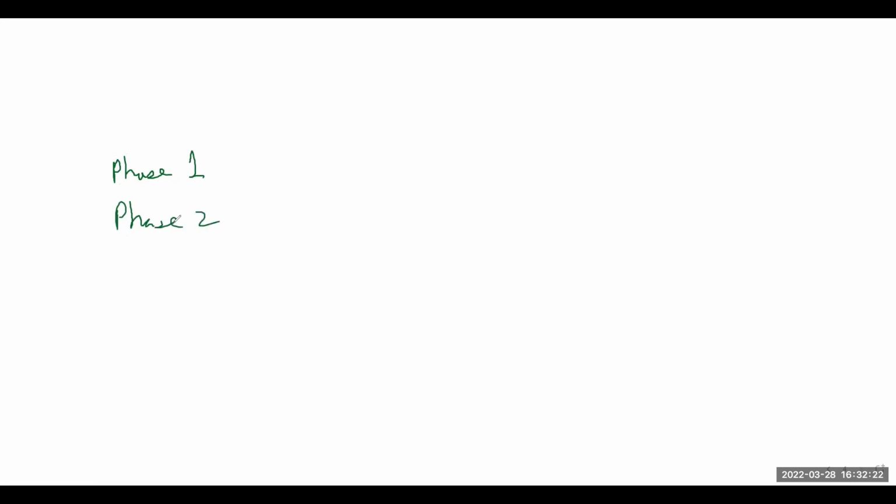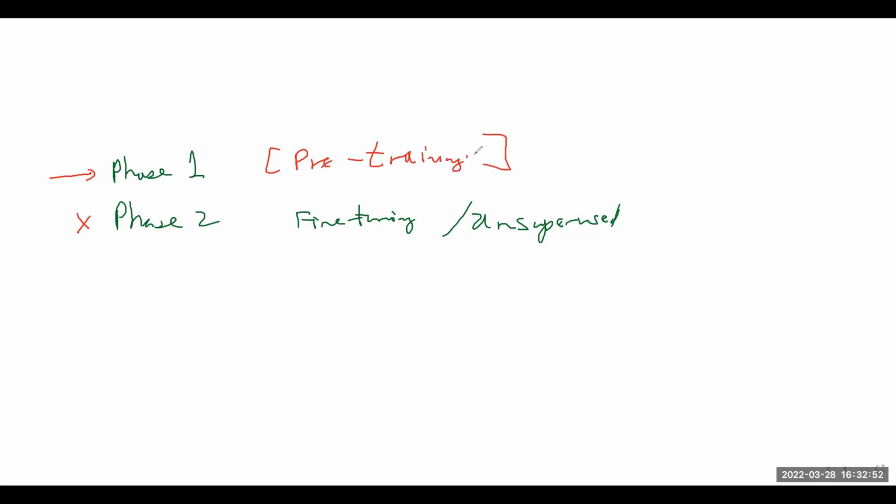And we usually said that phase 2 is either the fine tuning or the unsupervised use. However, in our example, we're not going to look right now at fine tuning. We're only concerned with phase 1. Phase 1 is pre-training. So how do we pre-train BERT?